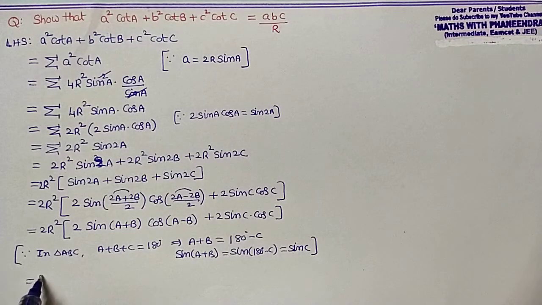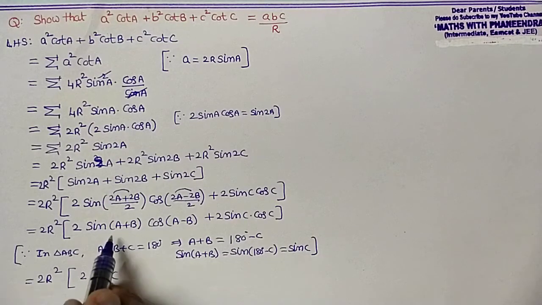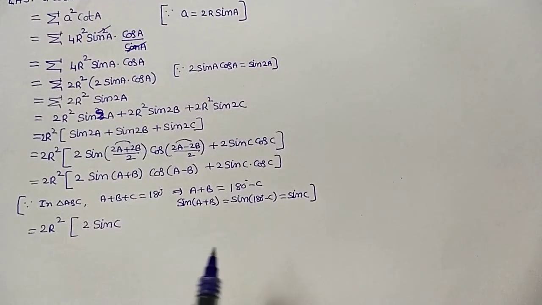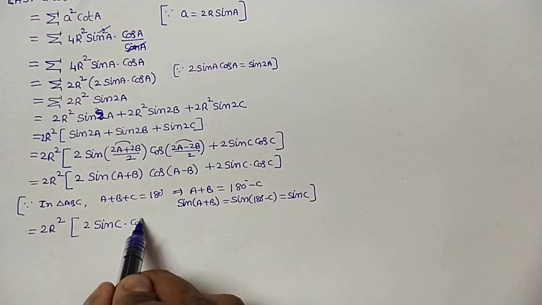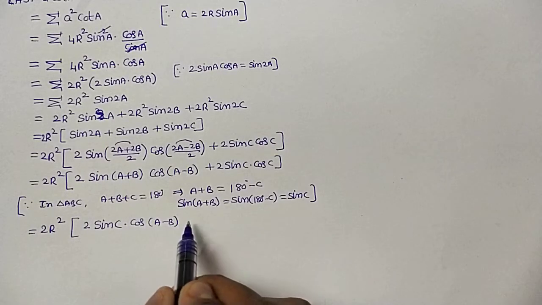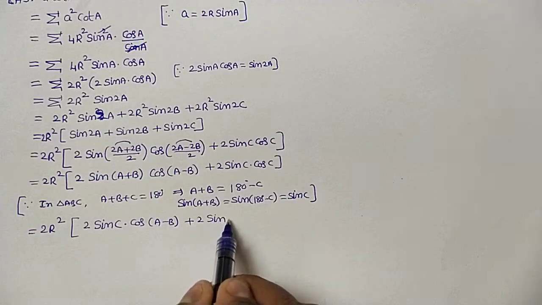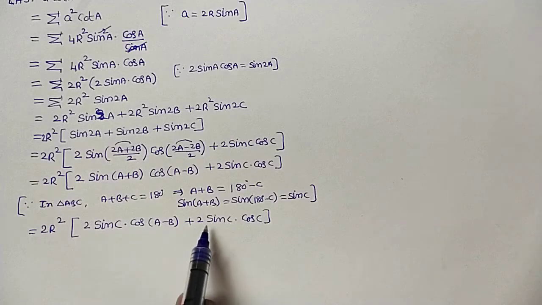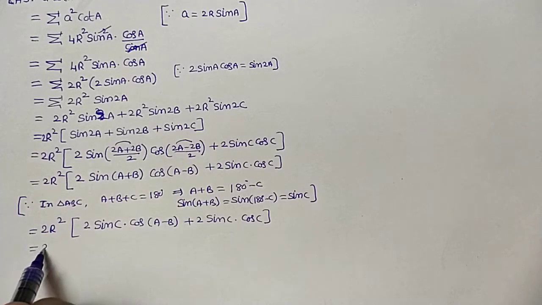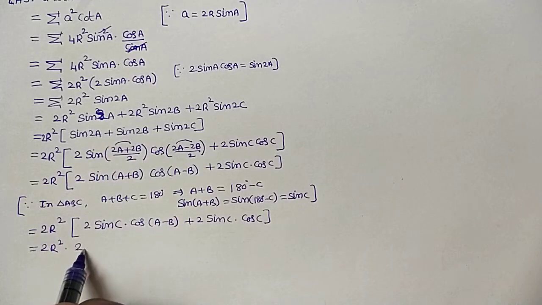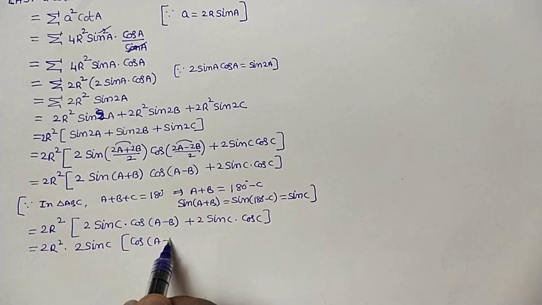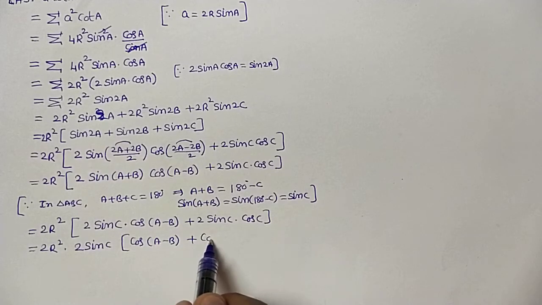So now 2R square into 2 sin C, in place of sin of (A plus B) you have to write sin C, into cos of (A minus B) plus 2 sin C into cos C. Now take common 2 sin C from both the terms. 2R square into 2 sin C I am taking common. The rest of the terms: cos of (A minus B) plus cos C.